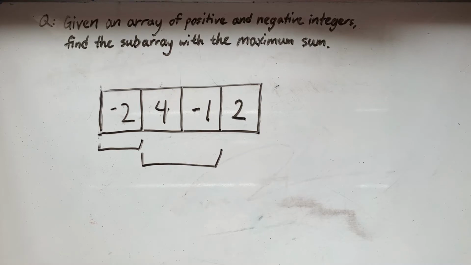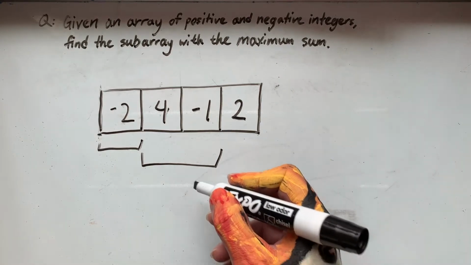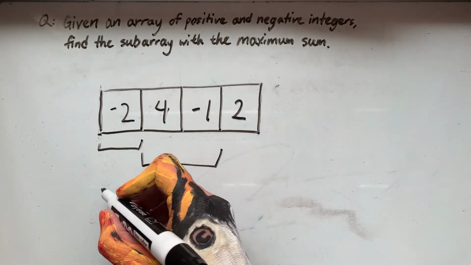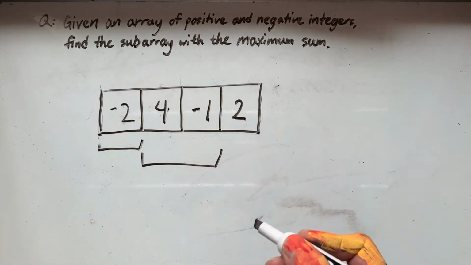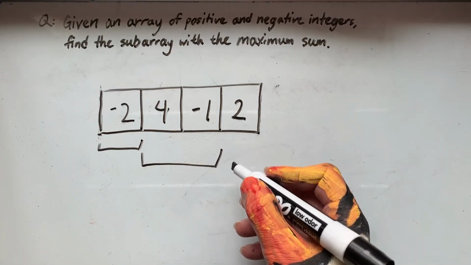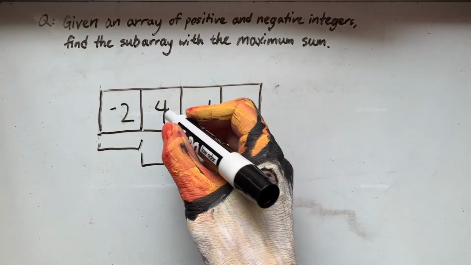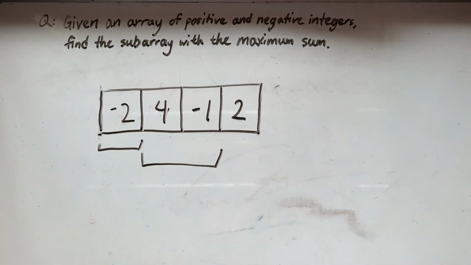This problem only really makes sense if it contains both positive and negative integers, because with only positive integers, the subarray with the maximum sum would just be the entire array, because that would obviously give you the maximum sum. But with negative numbers, you have to find the portion of the array, including the negative numbers, that gives you the maximum sum. So how do we approach this problem?